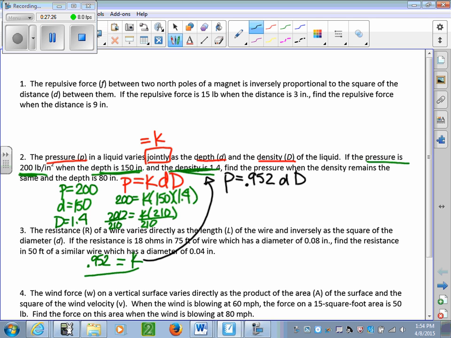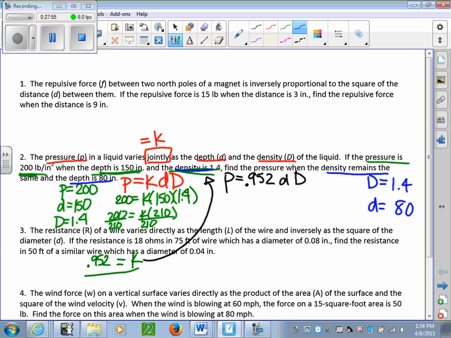Now it's going to tell me find the pressure when the density remains the same and the depth is 80. So my density is big D, and big D remains the same. So I'm going to go back to the original problem. It said density originally was 1.4. And my depth, little d, is 80.